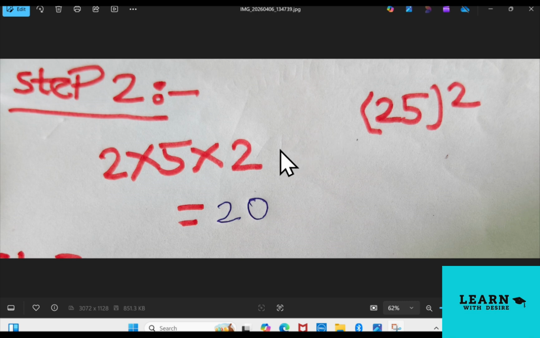That is like this: 2 into 5 into 2. You can also see here for better understanding. If we multiply 2 into 5 into 2, then we get the answer 20.